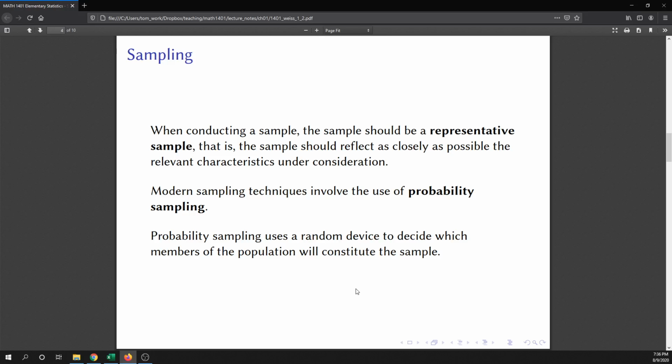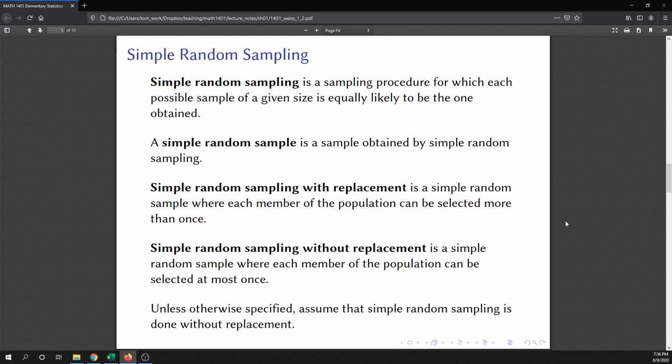Most modern sampling techniques involve the use of probability sampling. What that means is you use some kind of random device to decide which members of the population will constitute the sample. That's very, very important that you try to do that. And that brings us to the concept of simple random sampling.